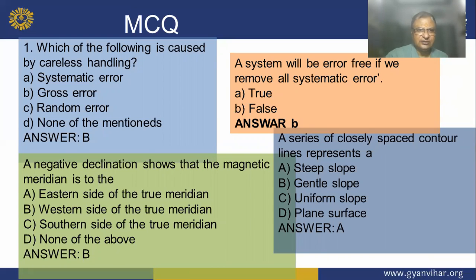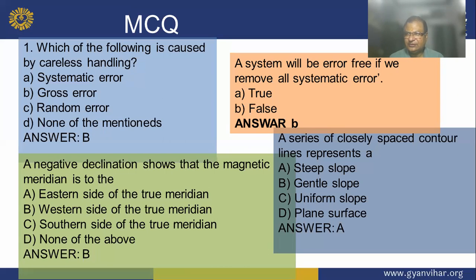Answer is B, gross error. And a system will be error free if we remove the systematic error. It is wrong. Answer B, this is false.